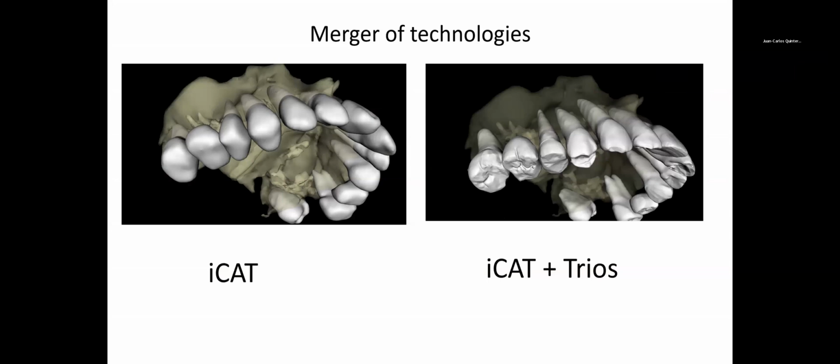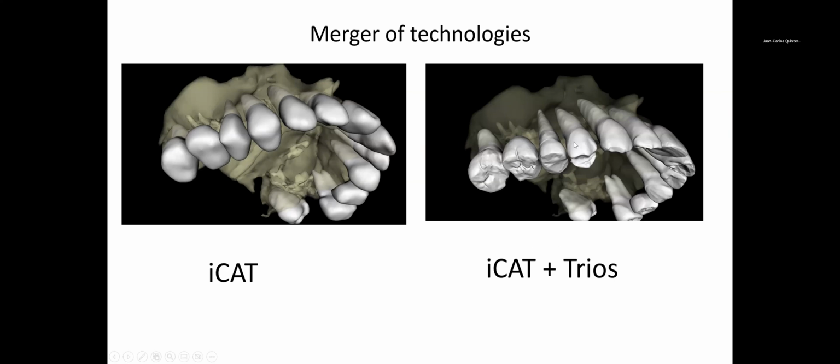We're able to many times merge and stitch intraoral scanning, whether it be Trios or iTero, whatever machine you have, with the cone beam. So we'll send this to osteoid as well. And so the great advantage is the detail of the occlusion.